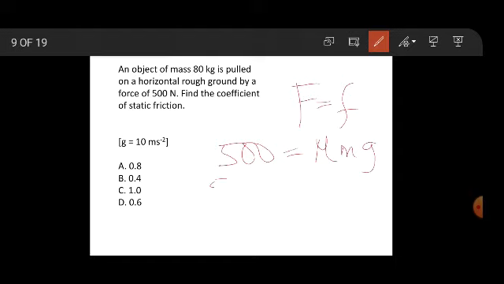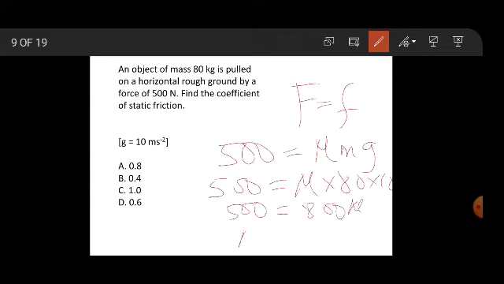So we have that 500 newtons is equal to mu times the mass, which is 80, times the acceleration due to gravity, which we're asked to use as 10. So 500 is equal to 800 mu. To get mu, it will be 500 over 800.